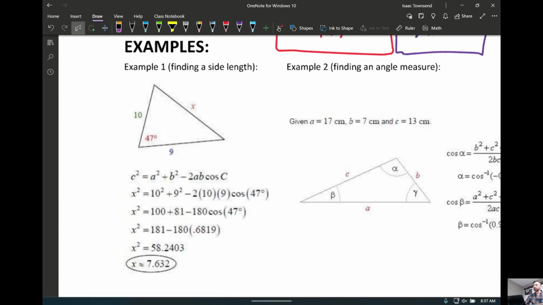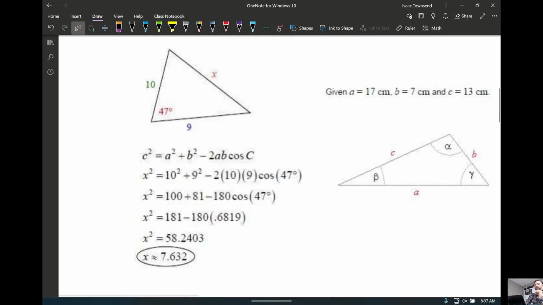It's pretty straightforward, so we're not going to do a ton of examples. We'll jump over to the book assignment pretty quickly here. But here's one that was already typed up from the internet where someone was trying to find a side length. You can see they called this side C, which makes this angle C. They started off with one of the formulas and plugged in the information given to them.